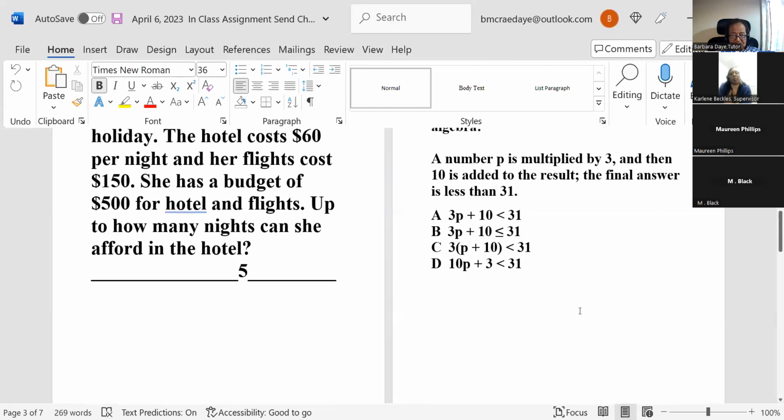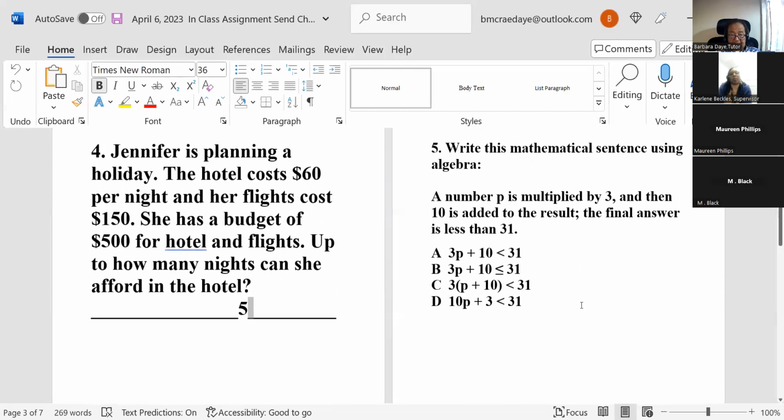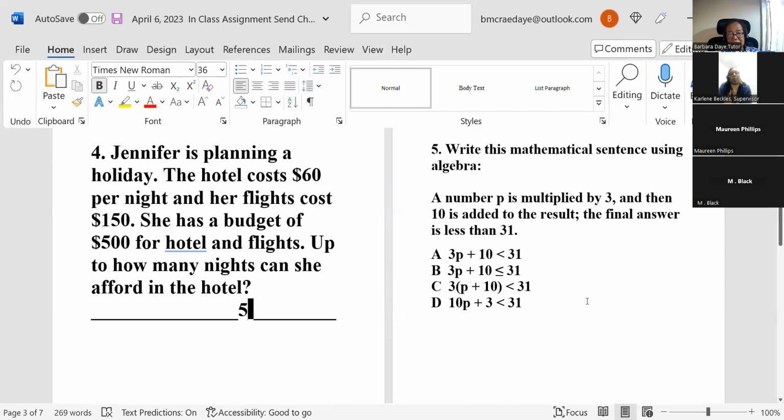Now, Maureen, number 5. Mercedes had this one correct, but you did not, Maureen. I'll give you another chance. Multiply by 3, add 10, result less than 31. What's the answer, Maureen?